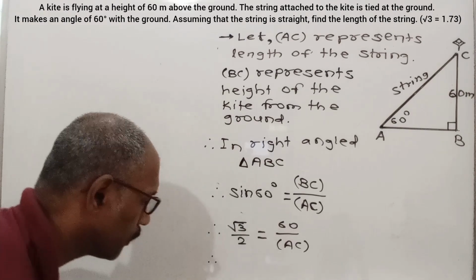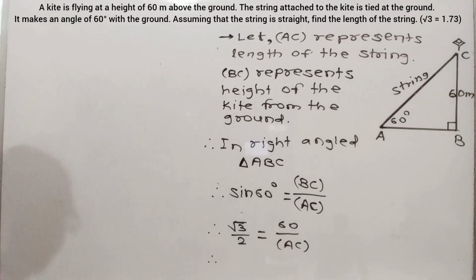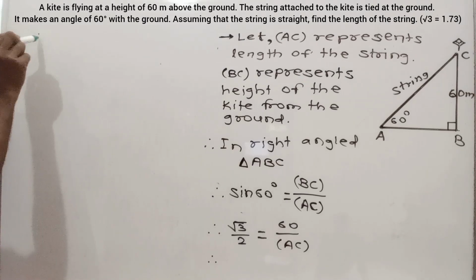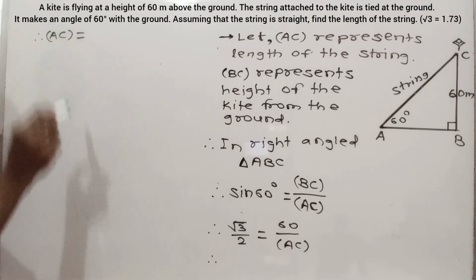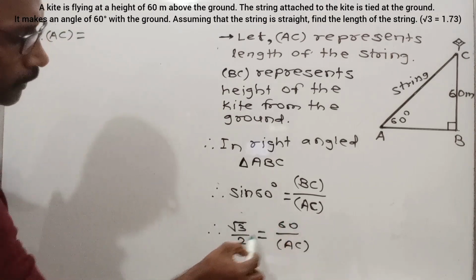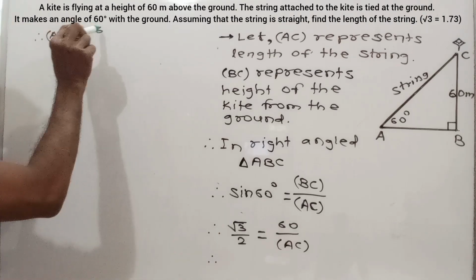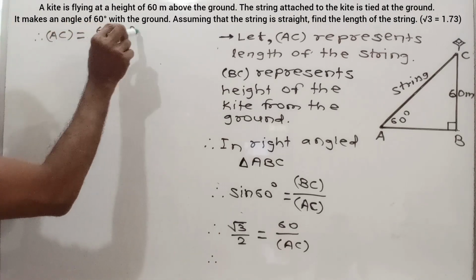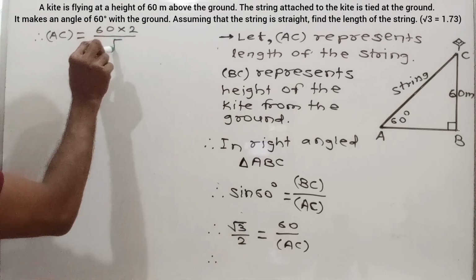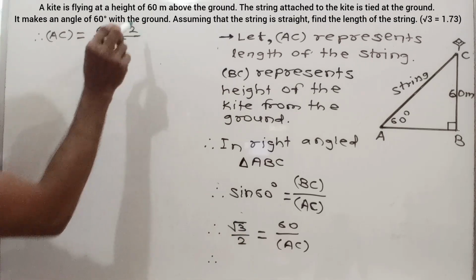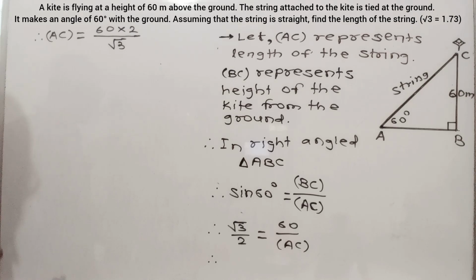Now, see this AC. Therefore, AC is equal to the multiplication of these two, 60 into 2 upon square root of 3.